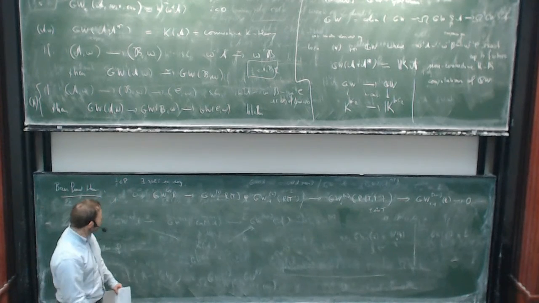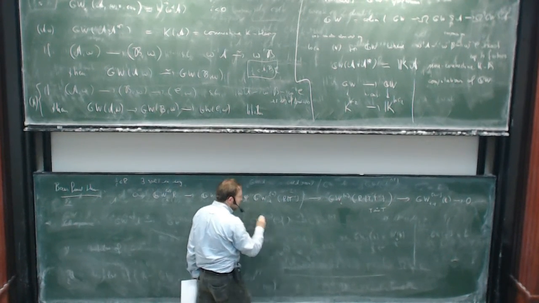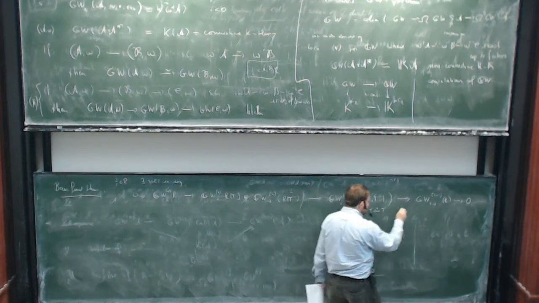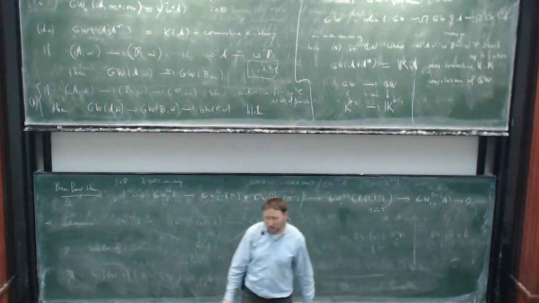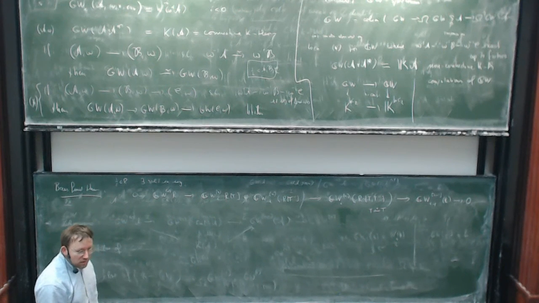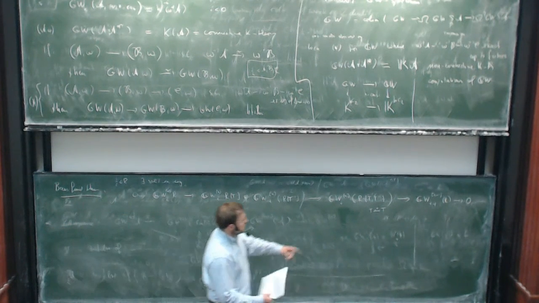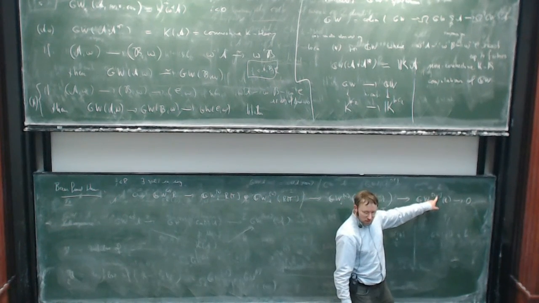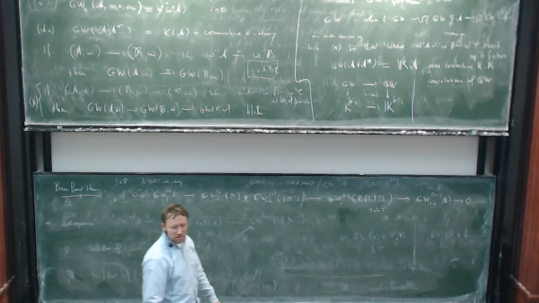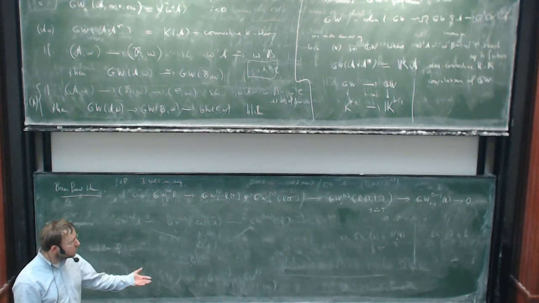And this is all for the analog of non-connective K-theory. Yeah, we can do that too. Okay, now you can do both. Then you don't get a shift here. Well, it's a complex and it's contractible.